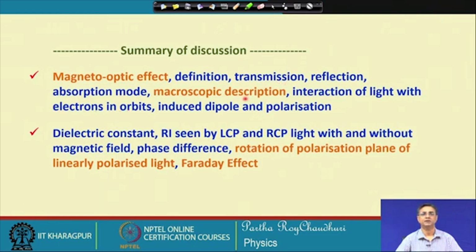We looked at the macroscopic description of this Faraday rotation, that is the interaction of light with electron orbits, induced dipole and polarization, and the circular birefringence for the LCP and RCP, left circularly and right circularly polarized light, with and without magnetic field, then we looked at the change in the plane of polarization, and that is what we call the Faraday effect.